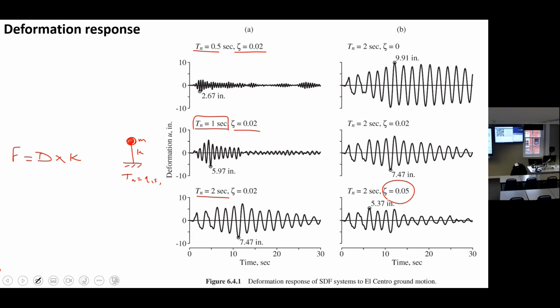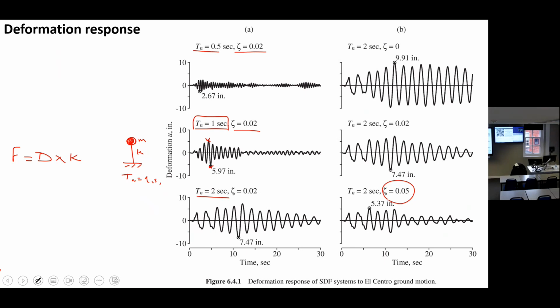And what force do I usually design for? Maximum. I usually design for either this or this, because absolute maximum, or maximum absolute, doesn't make a difference if it's positive or negative. Positive means it's moving this way, negative means it's moving this way. So for positive and negative, you should go for the absolute value.